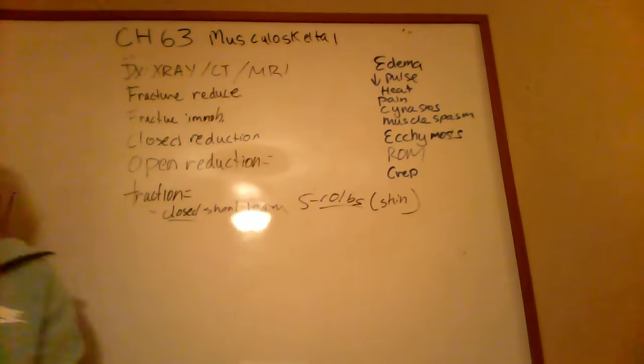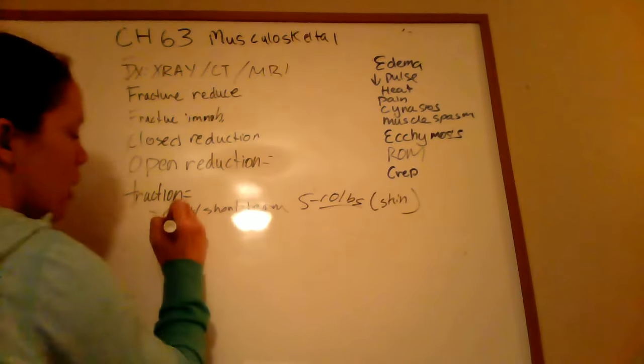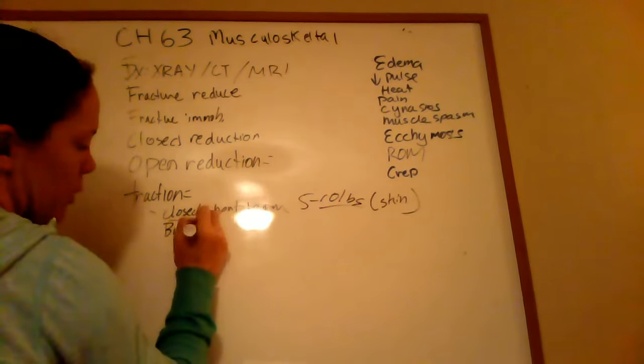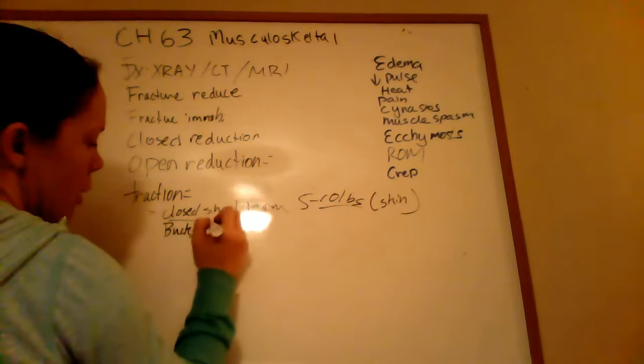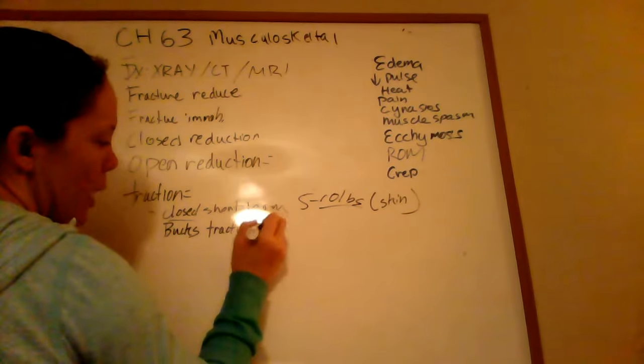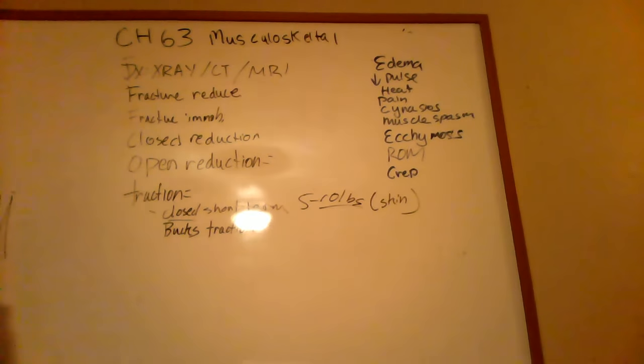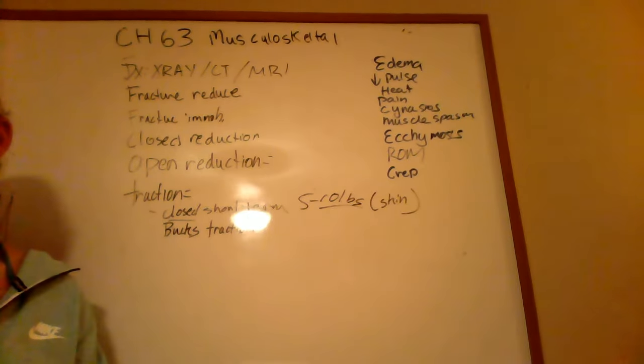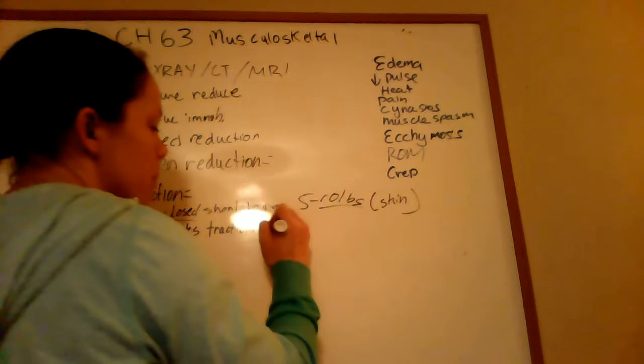Again, used for short-term use. The Bucks traction system is the most popular in our closed. I keep saying closed since I got confused just now. Bucks traction is a boot that's applied, and it's especially used in hip and femur fractures.